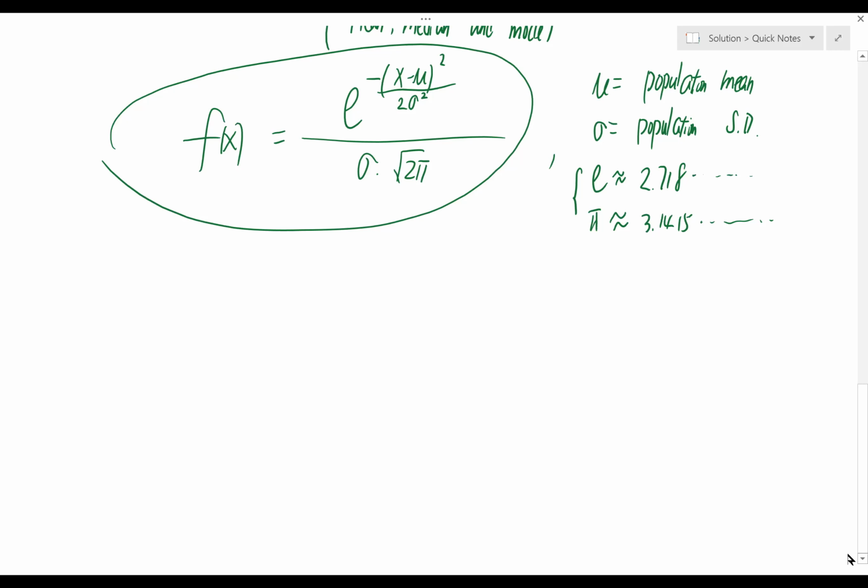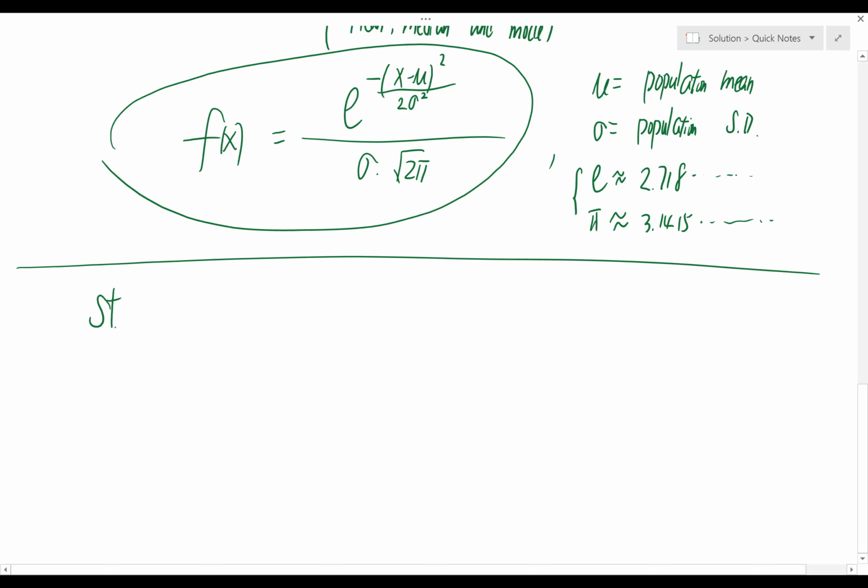Okay. And next, let's take a look at the standard normal distribution. The standard normal distribution is a special case of the normal distribution.